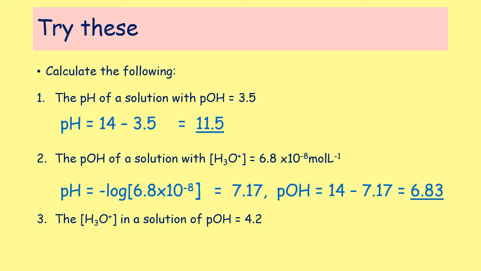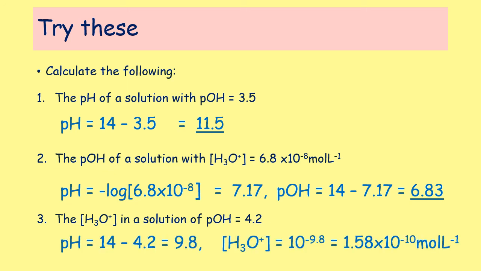For the final question, we've got what is the concentration of hydronium ions for a solution where the pOH is 4.2? Again, there's a couple of ways in which you can do this question. You could turn the pOH value into a concentration of hydroxide and then use the ionic product of water to calculate H3O+. The method I chose was to use pH plus pOH equals 14 and then from the pH work out the H3O+.